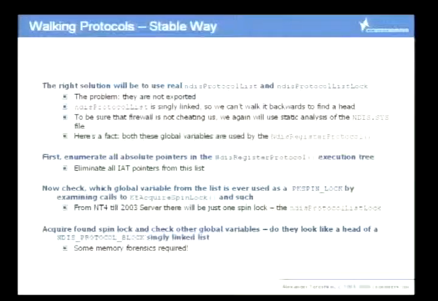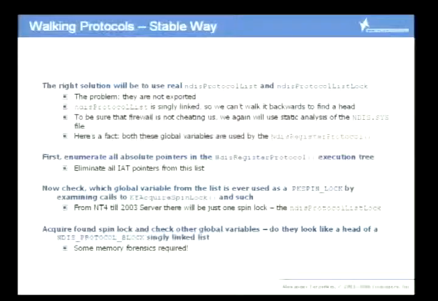And actually, there exists just one variable which is used as a spin lock pointer, and this variable will be our needed spin lock which protects the list of protocols, and it's called in this protocol list lock.